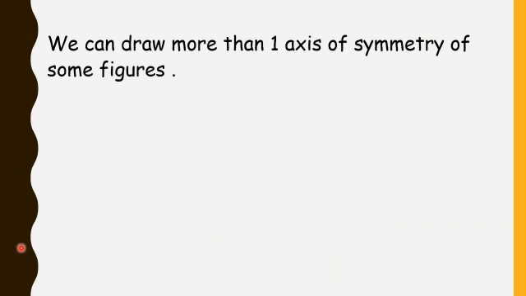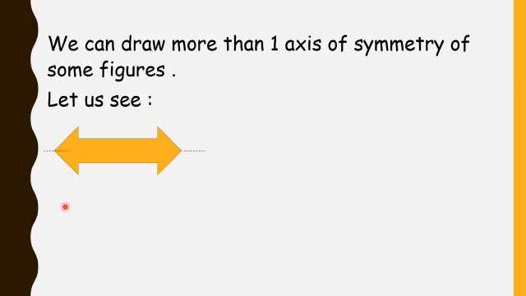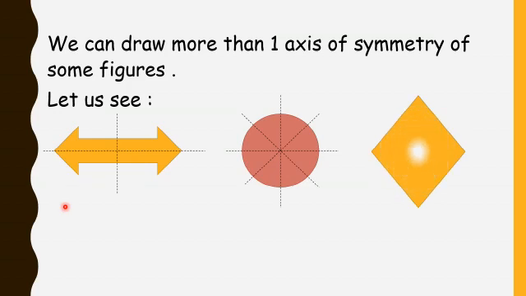We can draw more than one axis of symmetry for some figures. Let us see. For example, this two-ended arrow has two axes of symmetry. As for the circle, it has many axes of symmetry. The rhombus has two axes of symmetry that cut it into identical and equal parts.